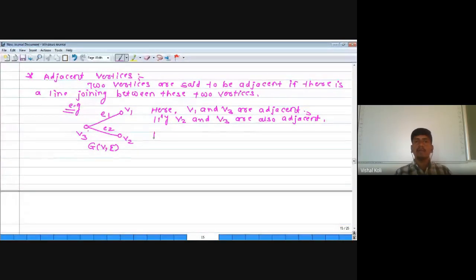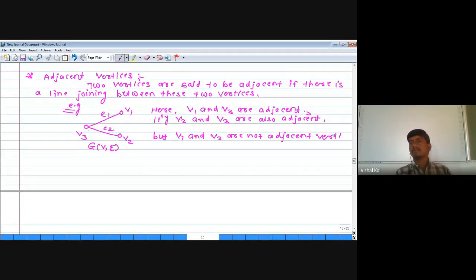But vertex V1 and V2 are not adjacent vertices, since there is no line joining between vertex V2 and V1, or vertex V1 and V2.